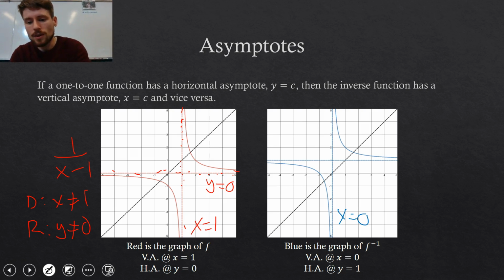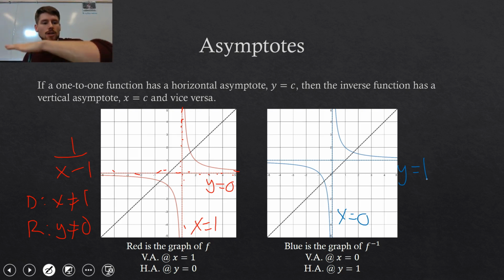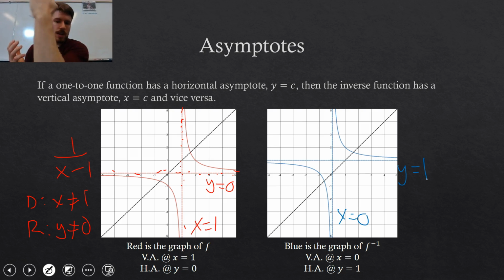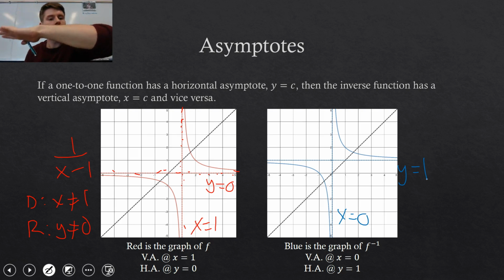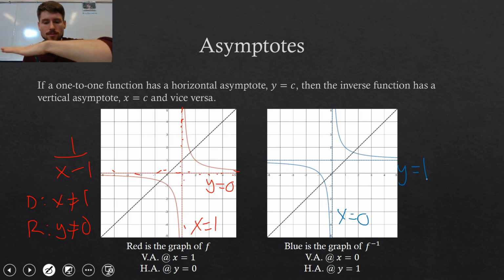It has a horizontal asymptote at y equals 1, which was the vertical asymptote of the original function. And you can imagine what's happening here is we took a horizontal line, and when we reflected across the line y equals x, it actually turned into a vertical line. And when we had a vertical line, when we reflected across the line y equals x, it turned into a horizontal line.